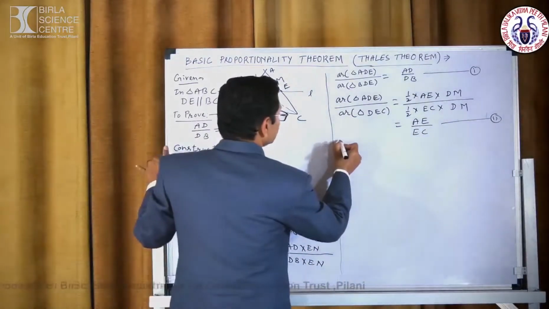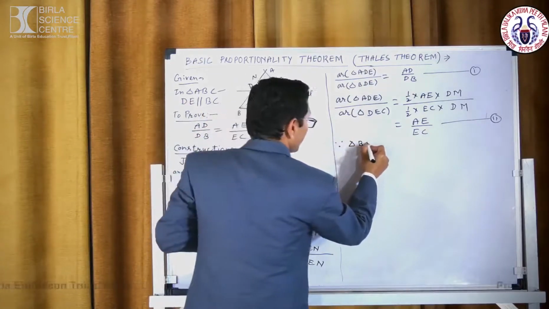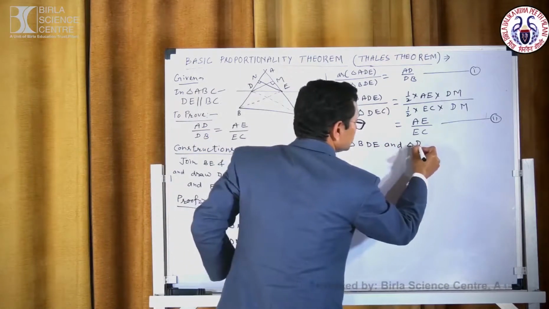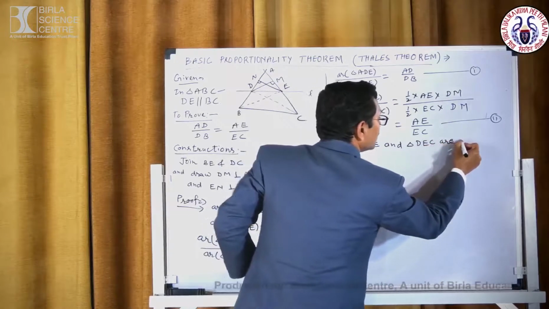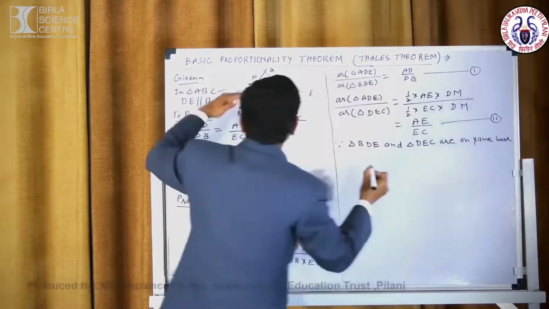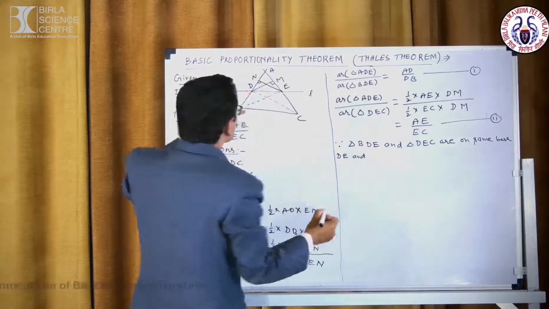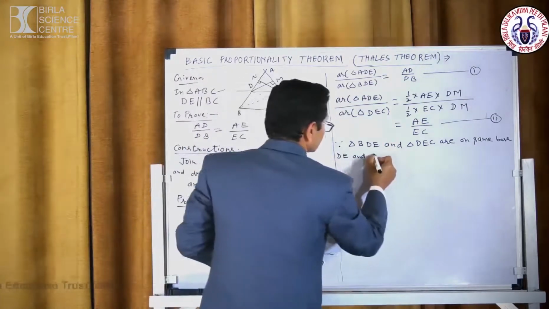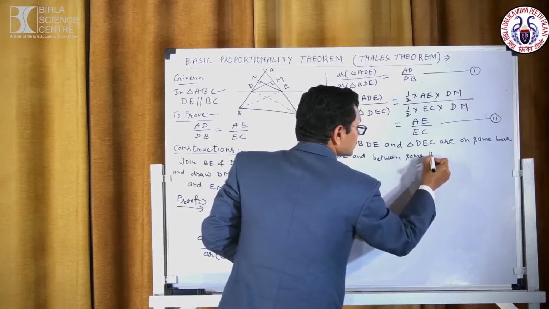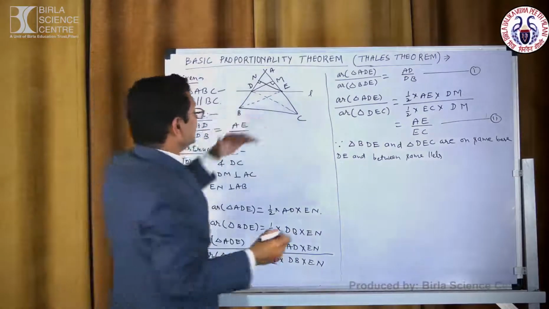So here triangle BDE and triangle DEC are on the same base DE and between the same parallels, that is DE and BC.